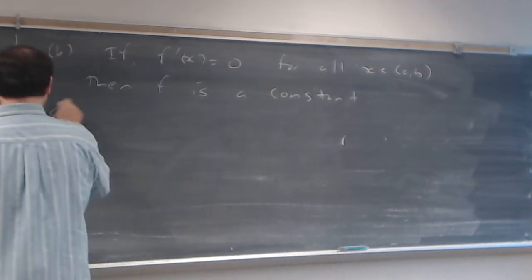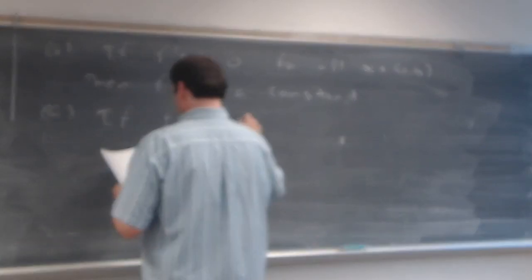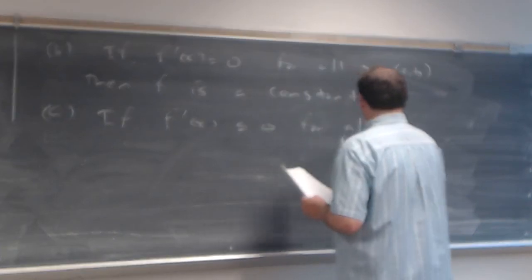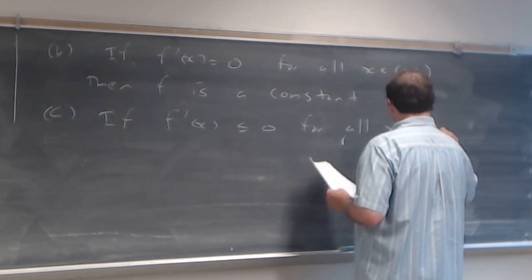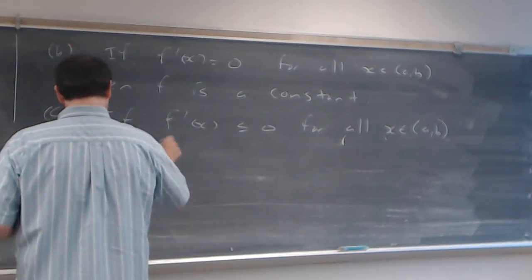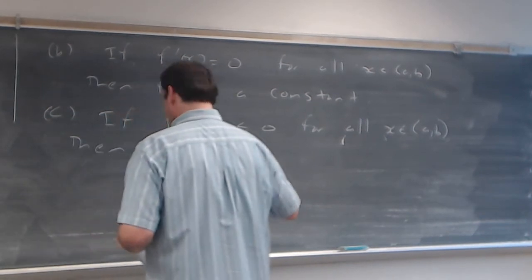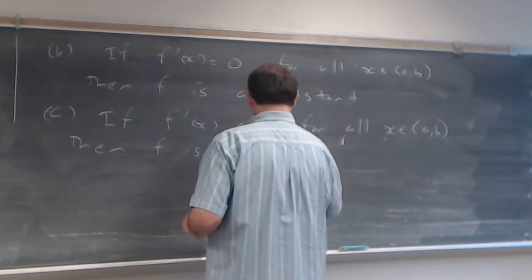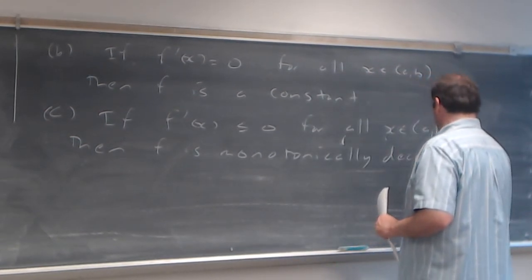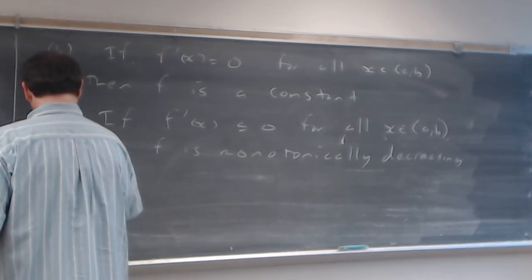Part C, if f prime of x is less than or equal to 0 for all x element of (a, b), then f is monotonically decreasing on (a, b).